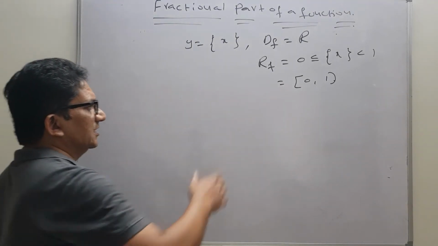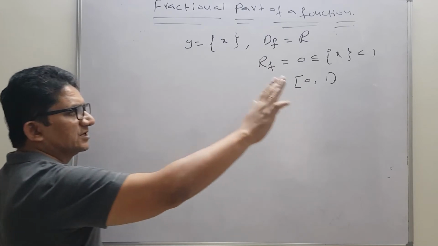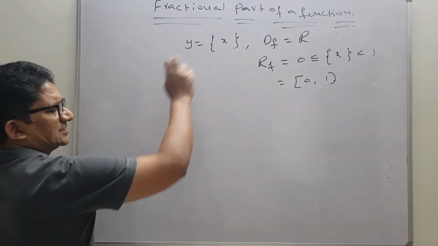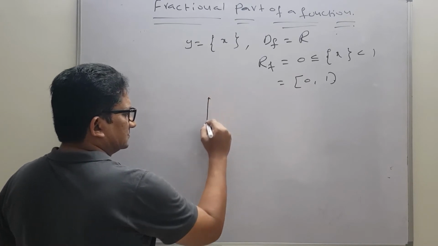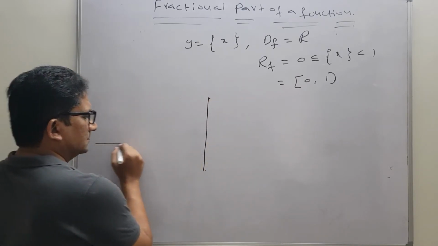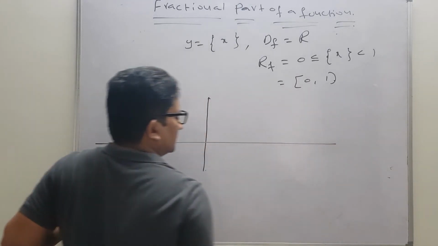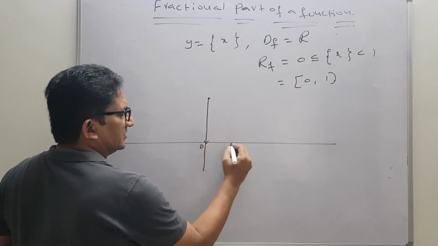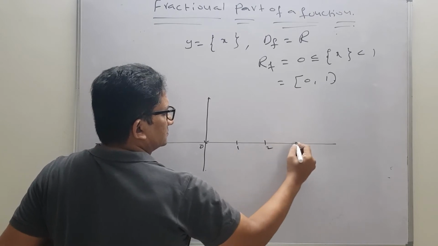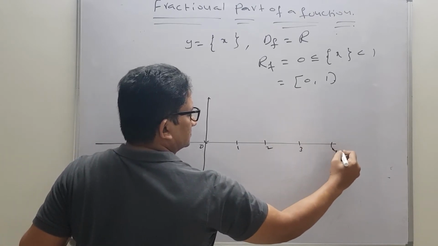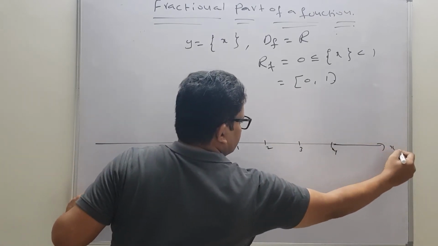Now students, with the help of this domain and range, we will try to draw the graph of this fractional part function. So now we will take the x-axis and y-axis. Because the domain is the set of real numbers, we can take all the values. It goes up to infinity.